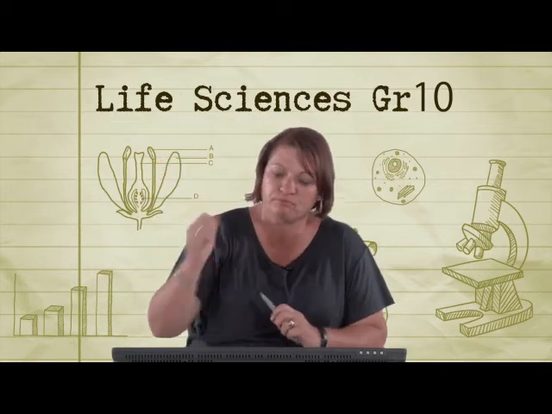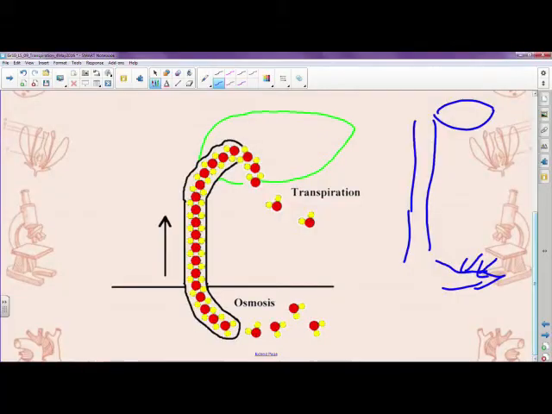Now, this diagram over here, the yellow and the red one, shows us the two properties of water that make this movement against gravity so important. Water has more than two properties, but these are the two that we're going to look at. It is cohesive and it is adhesive.